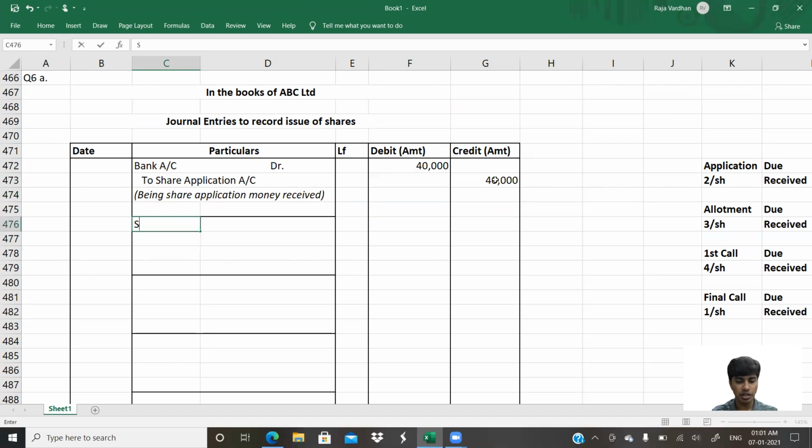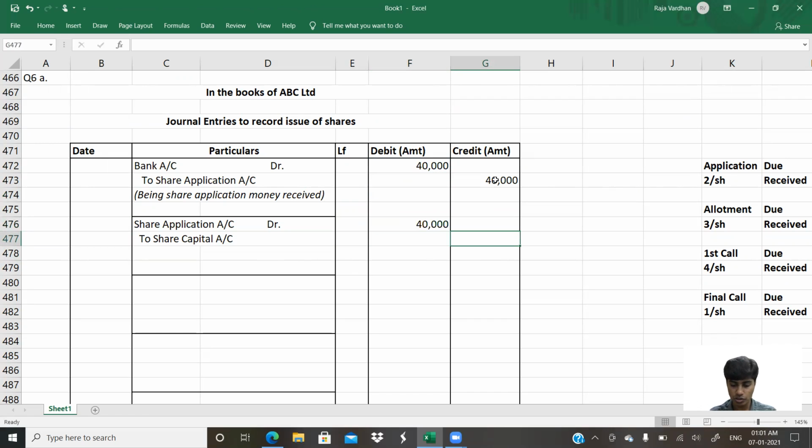What do you do with this share application? This share application money has to be transferred to which account? It has to be transferred to share capital account. How much will be transferred? Same 40,000.